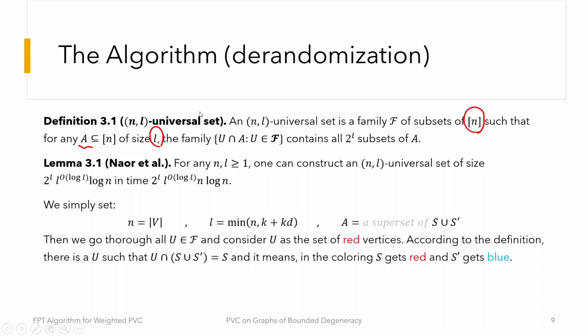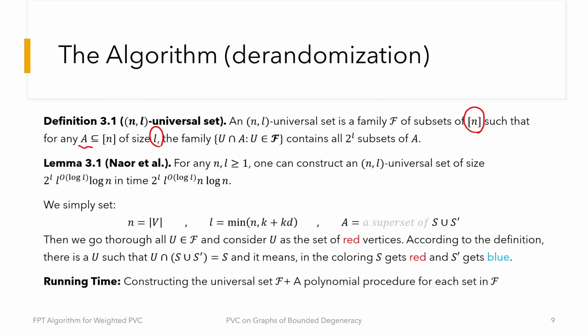And according to the definition of universal sets, there is a U such that the intersection of U and A is S. The intersection contains all subsets of A, so there is a U such that the intersection of U and A is S, which means that all vertices of S are red because they are in U, and U is the set of red vertices, and all vertices of S prime are blue. So exactly what we need.